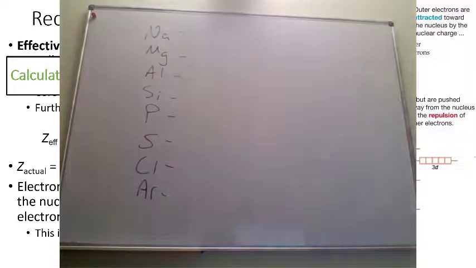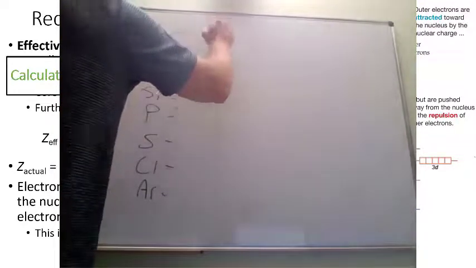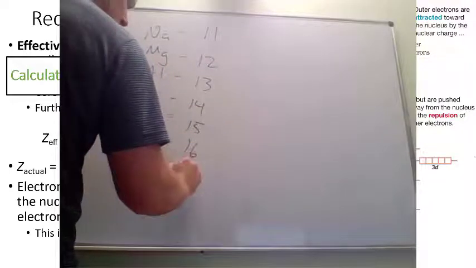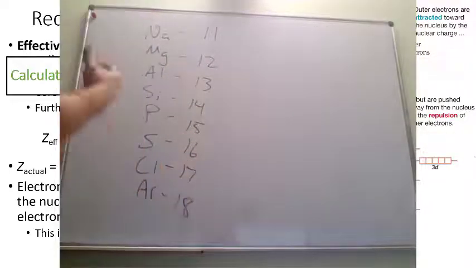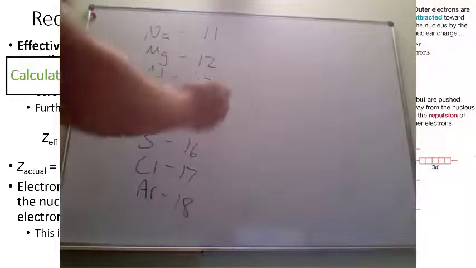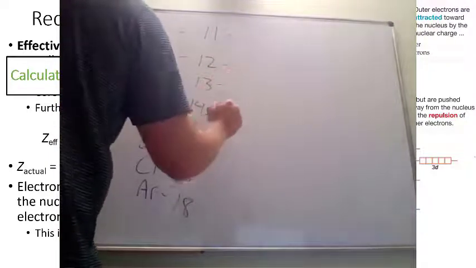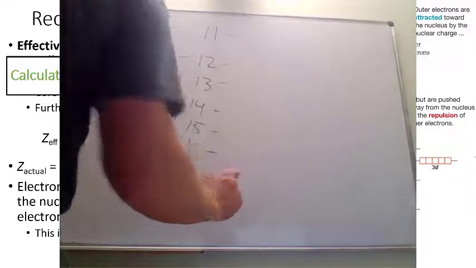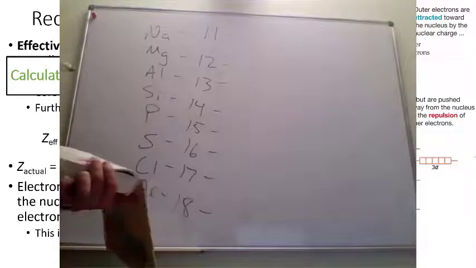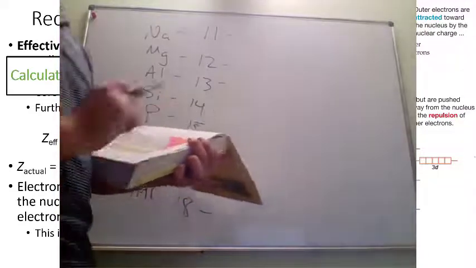Okay, so if we write down each of their numbers, so 11, 12, 13, 14, 15, 16, 17, and 18. So these are the number of protons in the nucleus. And then we subtract out the number of core electrons. So basically, the number of core electrons are going to be however many electrons are in the previous noble gas.